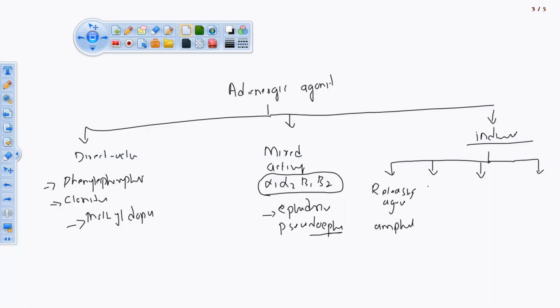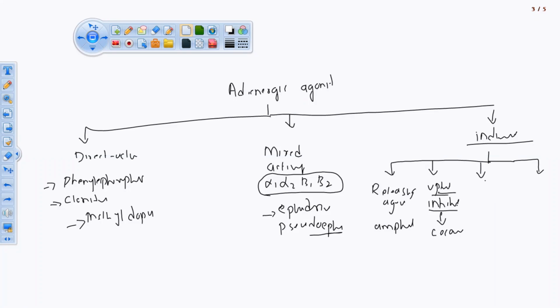Then uptake, that is storage, reuptake, uptake inhibitor, try to inhibit that one. So that is cocaine alkaloids, indirect acting drug. Releasing agent, uptake inhibitor, inhibition of the neurotransmitter from the storage cells.